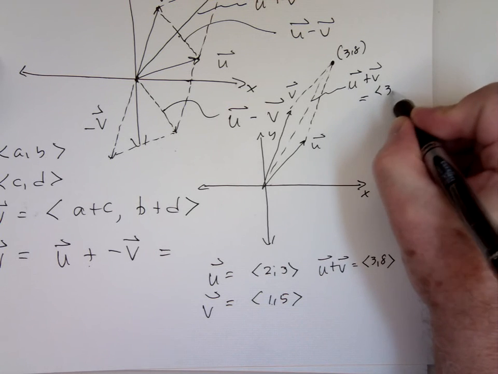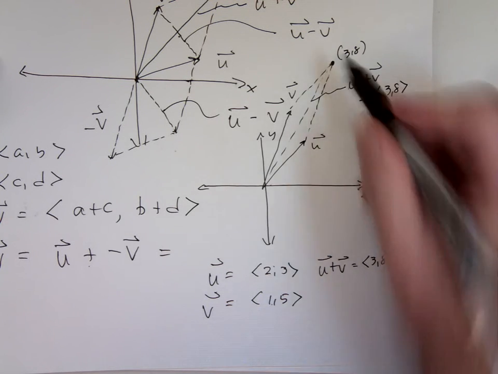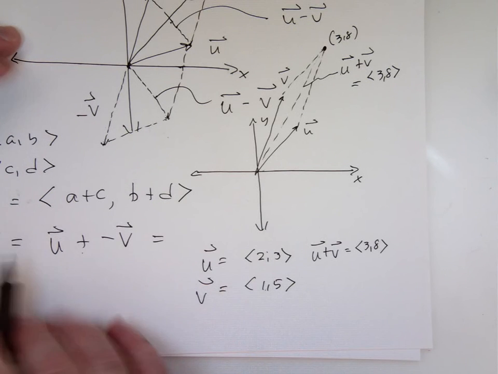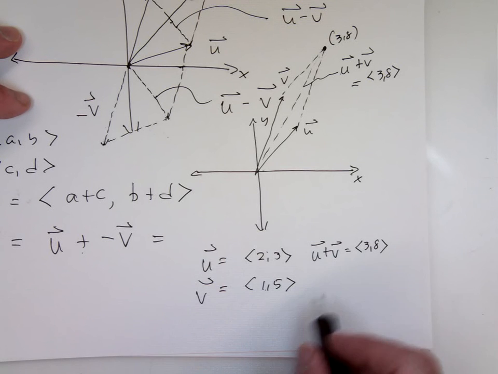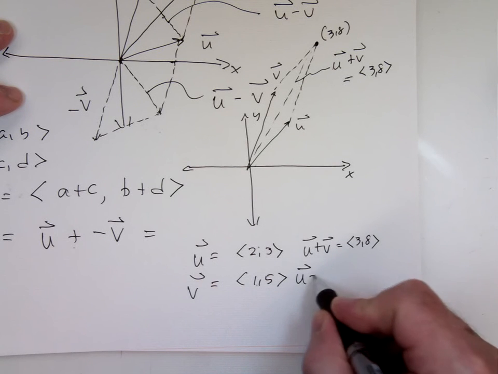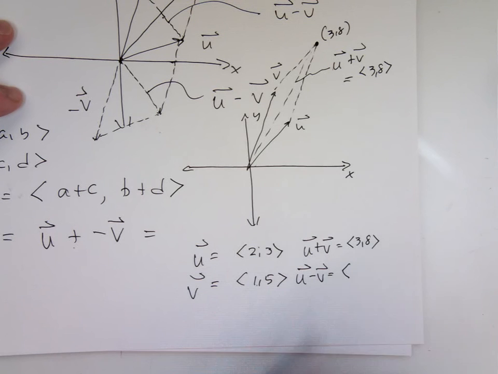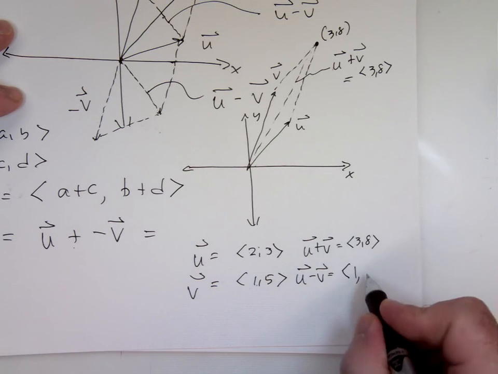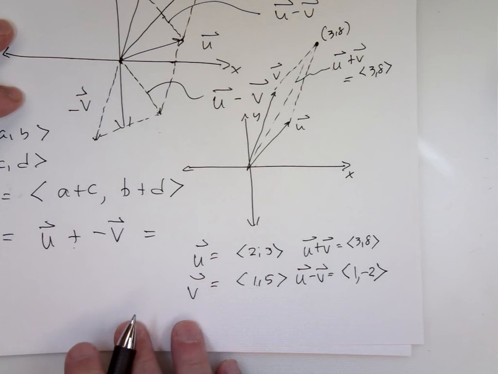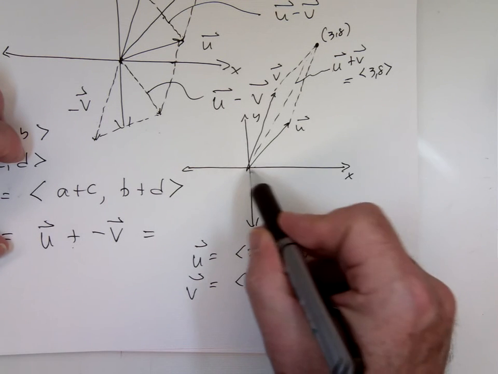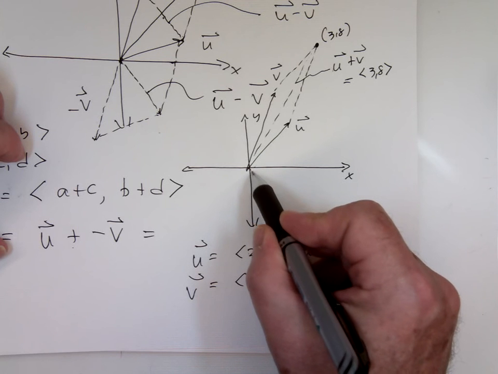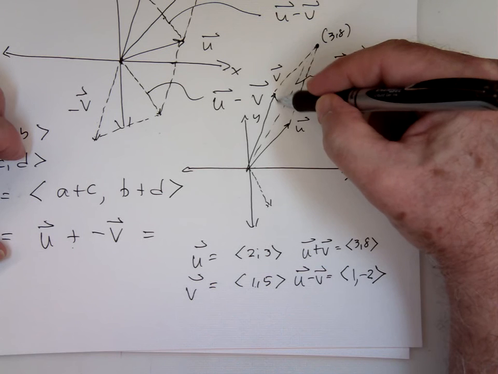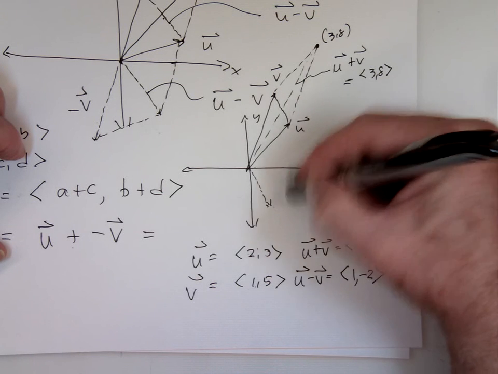Okay? That's the sum. Let's take the difference. U minus V. If we take U minus V, that's going to be the vector 1, negative 2. Now 1, negative 2 is this vector down here. But we can take it and bring it to here, as long as it's parallel with the same magnitude.